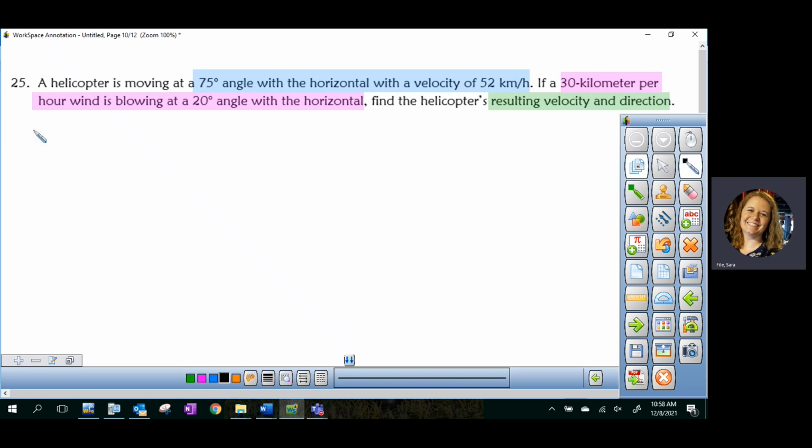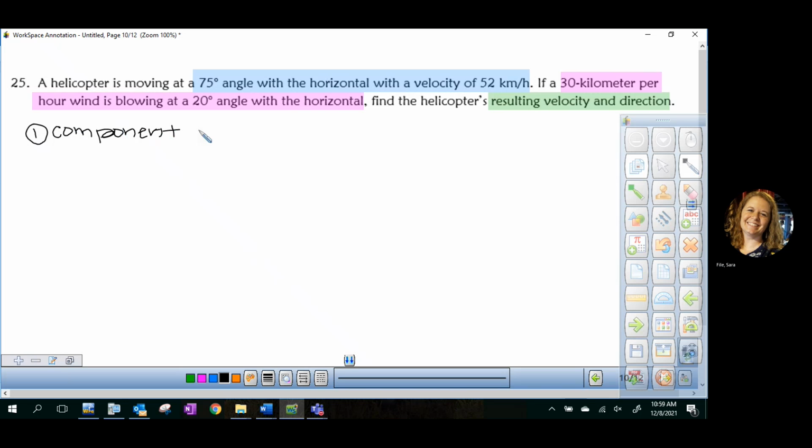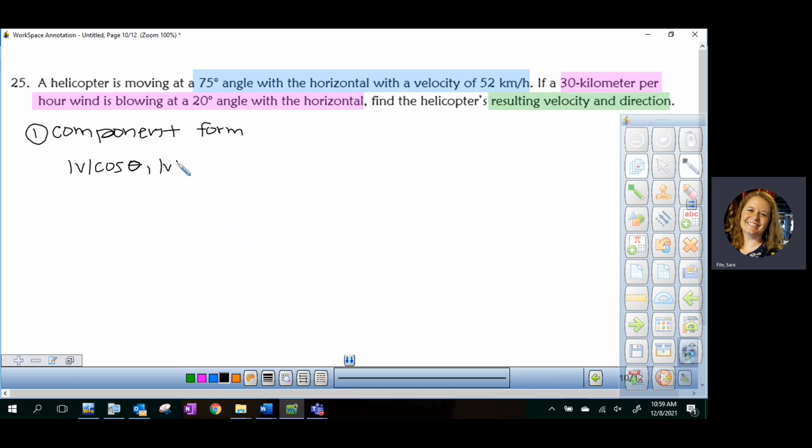So remember, step 1 is put them in component form. When you know the magnitude and direction of a vector, we do the magnitude times cosine of theta and the magnitude times sine of theta. That's going to give us our component form, our horizontal component and our vertical component.